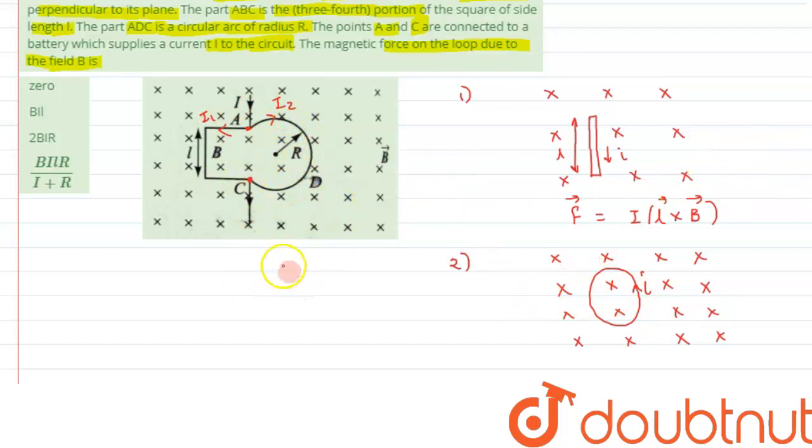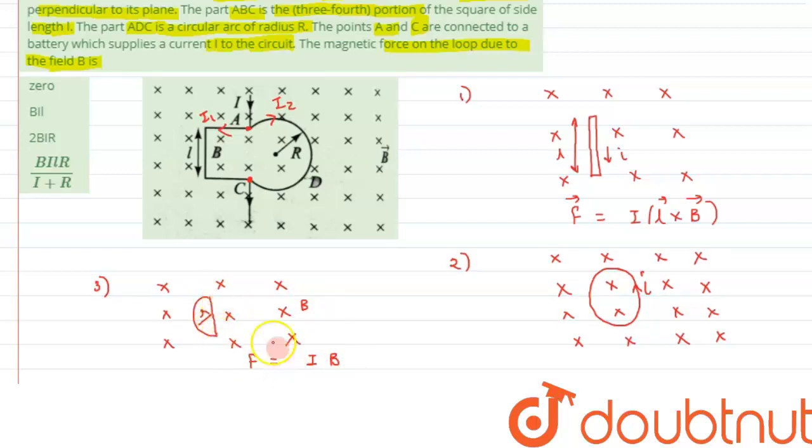And secondly, one more important point which we have studied, let's take it as the third point. If in a magnetic field an open loop is placed, for example a semicircular arc with radius small r, and we wish to find the force on it, the force can be written in magnitude as F equals I B times the distance between the 2 points.